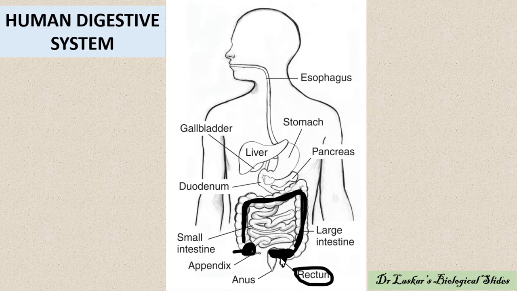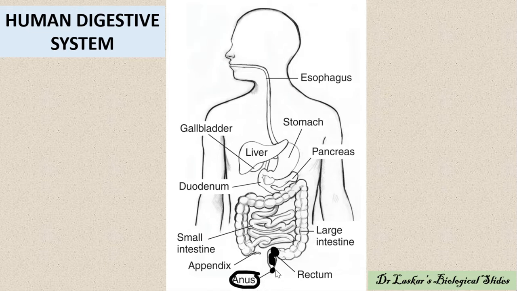Now this rectum part, the last part, follows the colon. It is about 20 centimeter or 6 to 8 inches long tube that terminates into a 2.5 centimeter long anal canal, that is the anal canal, that opens to the exterior by the anus.